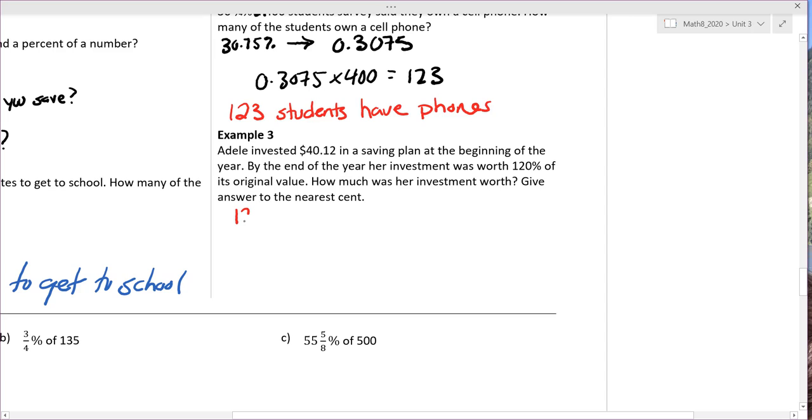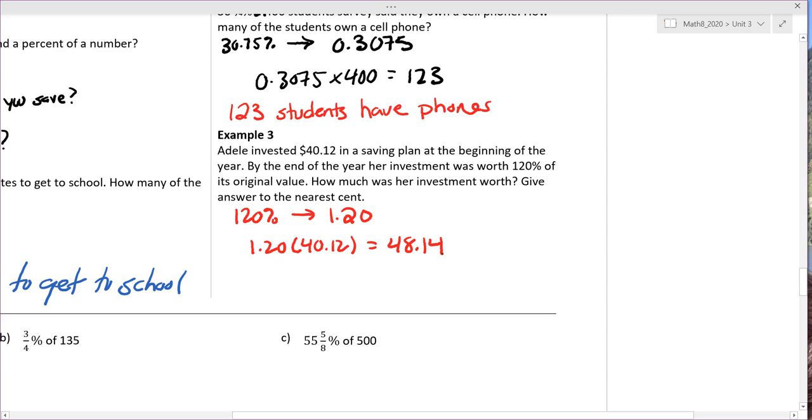Well, 120% is 1.20 as a decimal. Divide by 100, or move the decimal place 2 places to the left. All right? So the amount of money she made then is what? You multiply by 40.12, and you said it was 48 point what? 14, right?